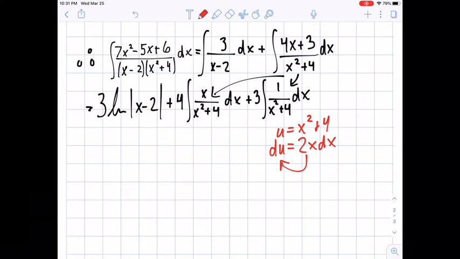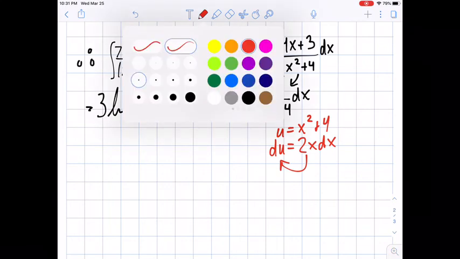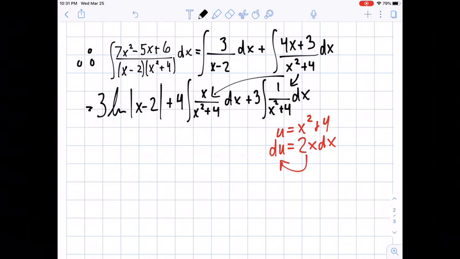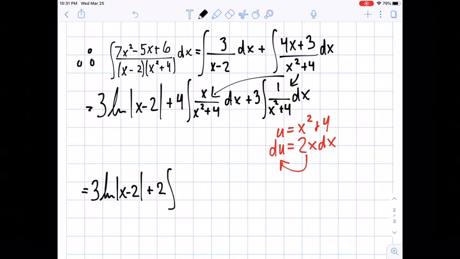And then let's go inside. That's going to leave us with 3 ln absolute value x minus 2 from the first integral. With the second one, we do our sub. We end up with 4 divided by 2. So we're going to end up with 2 multiplied by the integral 1 over u du.